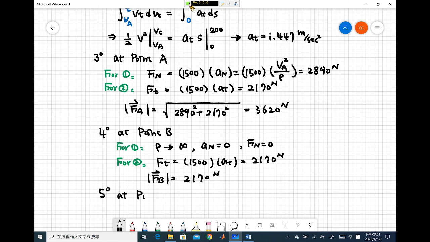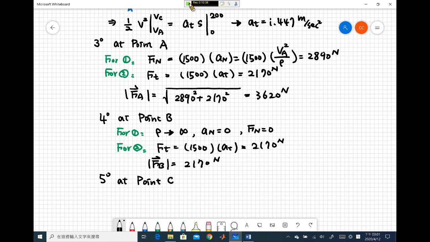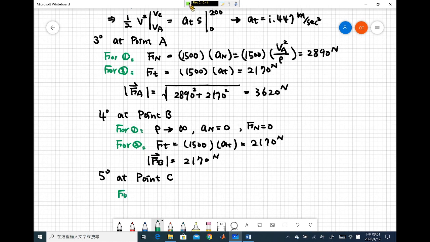At point C, for the force along the normal direction, it will be this mass times An.